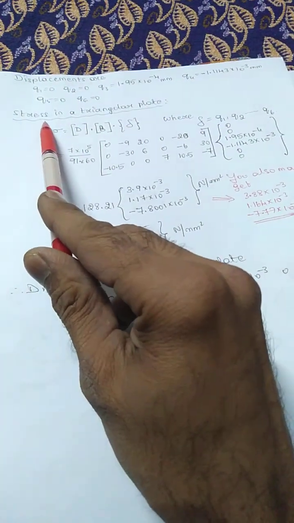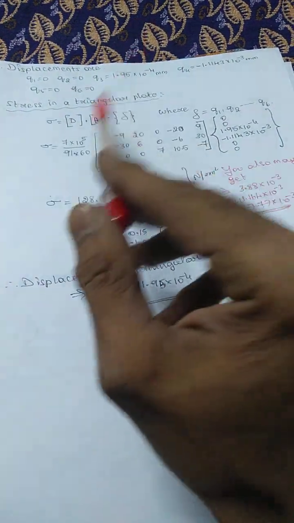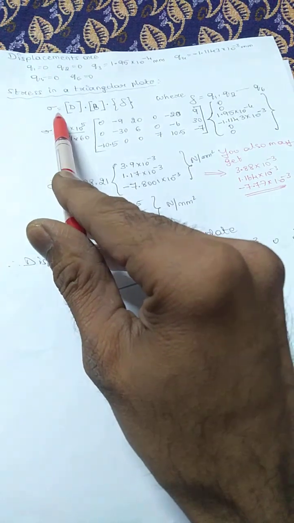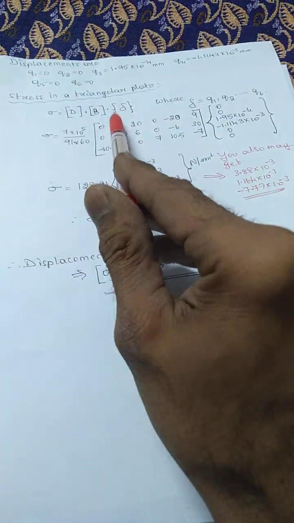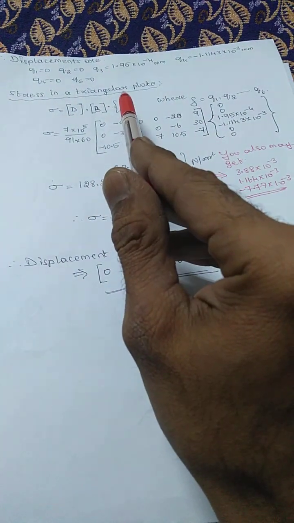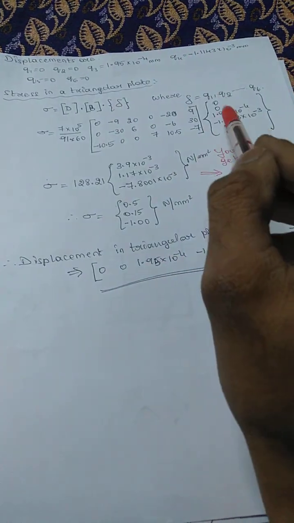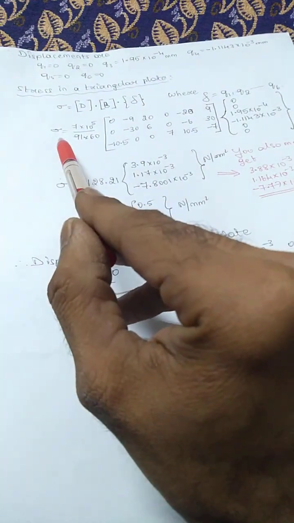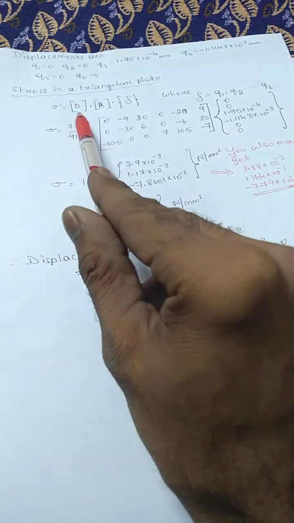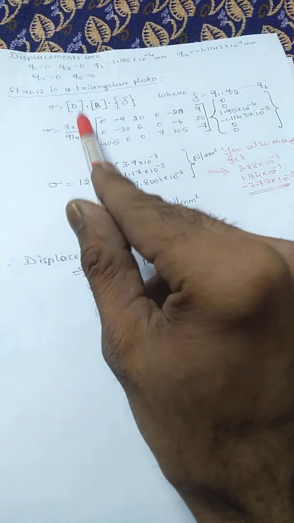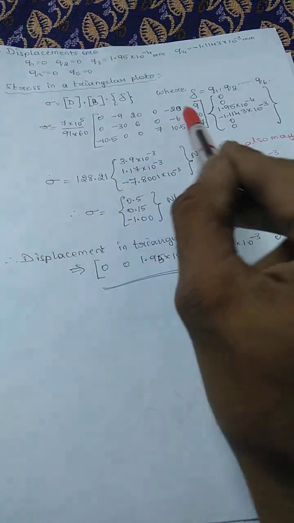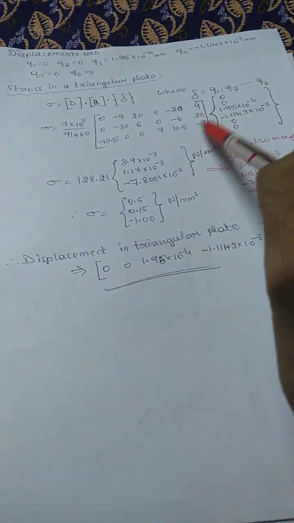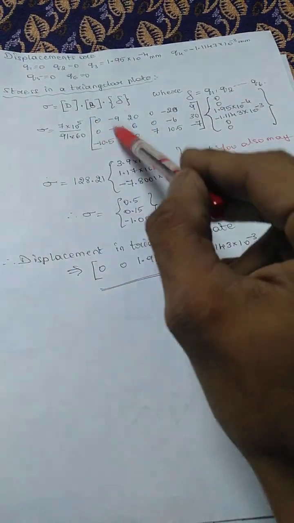So the next, stress in triangular plate. We'll calculate the stress, that is sigma equal to dB into displacement. Okay, displacement we use. So sigma is equal to this d, whatever the value is incorporated with the d, you have to write here the d value into b.